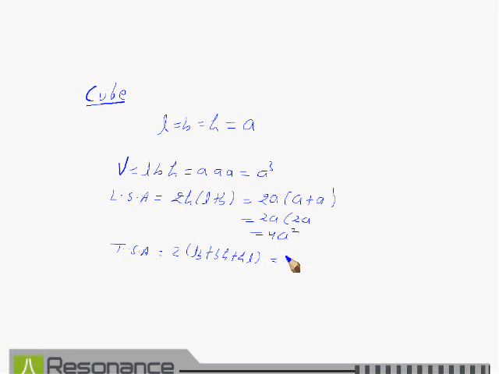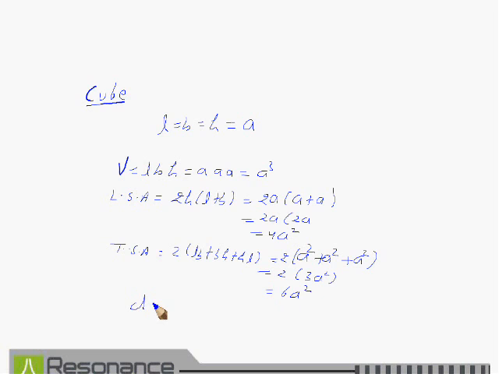By putting A instead of L, B, H we get twice, instead of L we put A, instead of B we put A. A into A means A square, again we get A square, again we get A square. So twice 3 times A square, which comes to be 6A square.